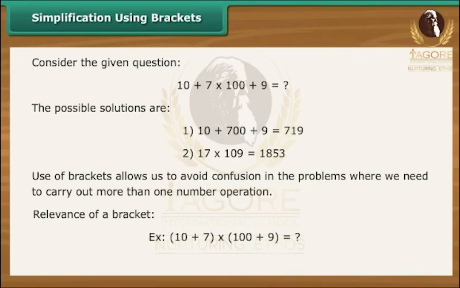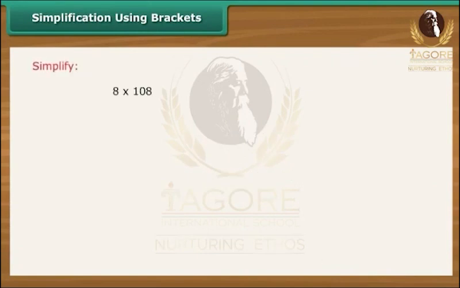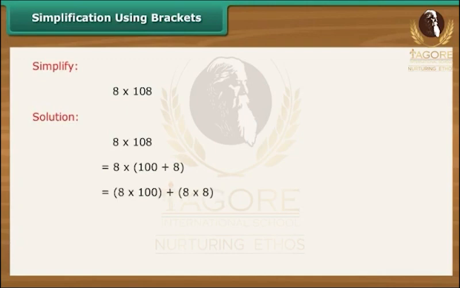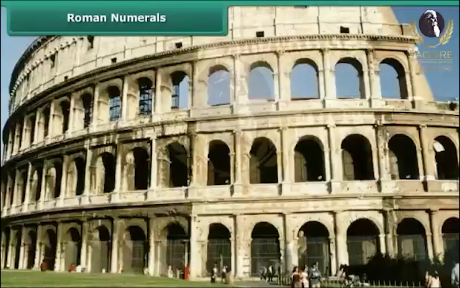Yes, the answer would be 17 into 109 is equal to 1853. Let us simplify. This can be solved as 8 into 100 plus 8 is equal to 8 into 100 plus 8 into 8, which equals 800 plus 64, which is equal to 864.